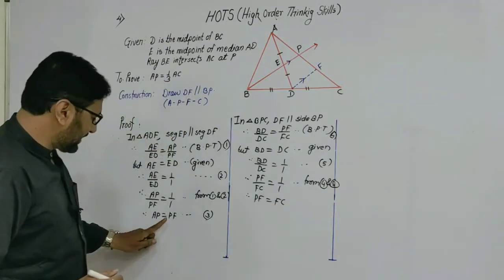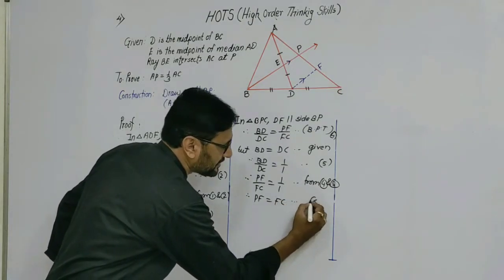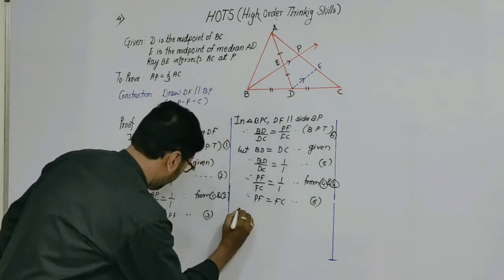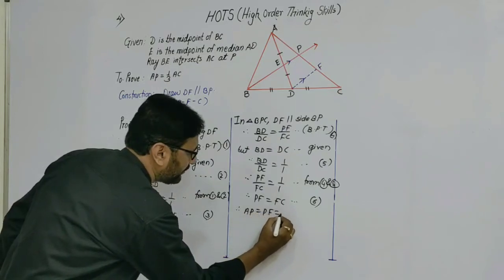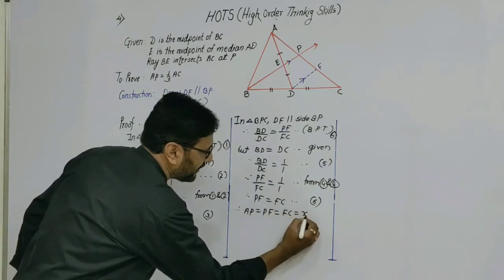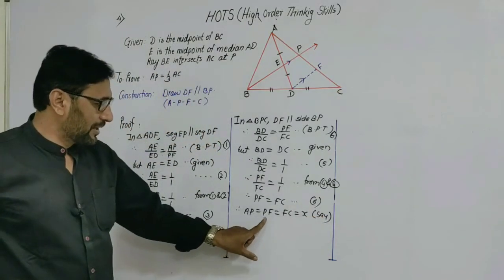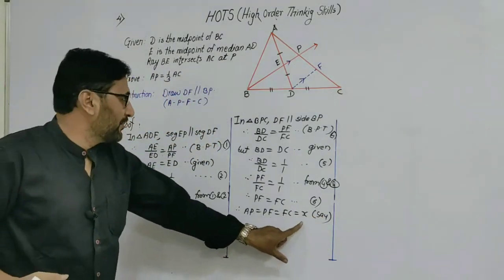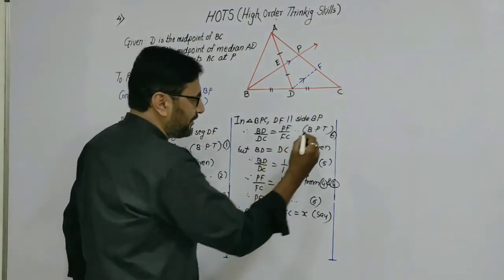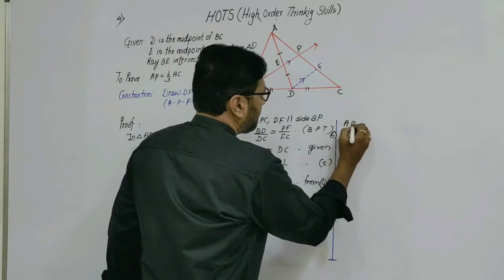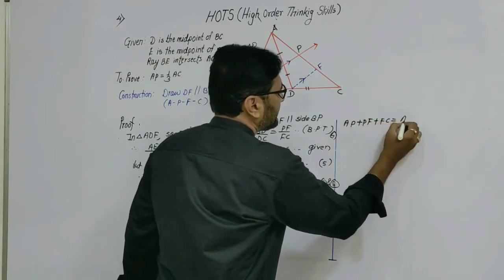We know AP is equal to PF, PF is equal to FC. Suppose this is number 6. I will write AP is equal to PF is equal to FC is equal to X. We have to prove AP is equal to 1/3 AC. We know, students, AP plus PF plus FC is equal to AC.